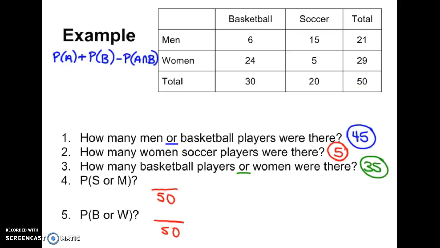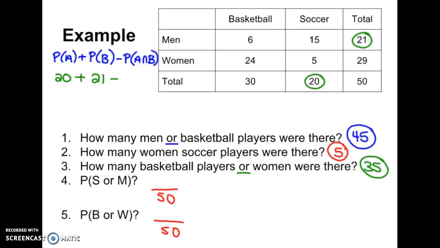So let's start with the first one. Number 4, it basically states what's the probability that somebody is soccer or a male. Since it's an or statement, they can be soccer or a male. So the probability that somebody is soccer, how many total people are doing soccer? That is 20. The probability that they are male, I'm going to look at the total number of males. So that's 21.